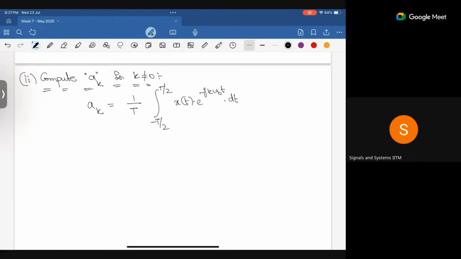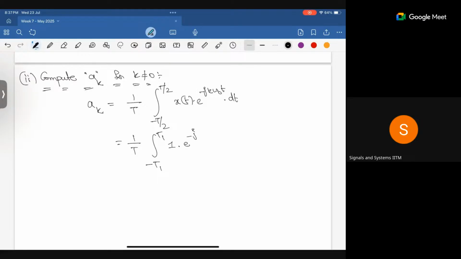Here also x of t is non-zero only in the interval minus t1 to plus t1, so the integral limits change from minus T by 2 to T by 2 to minus t1 to t1, and x of t is 1.